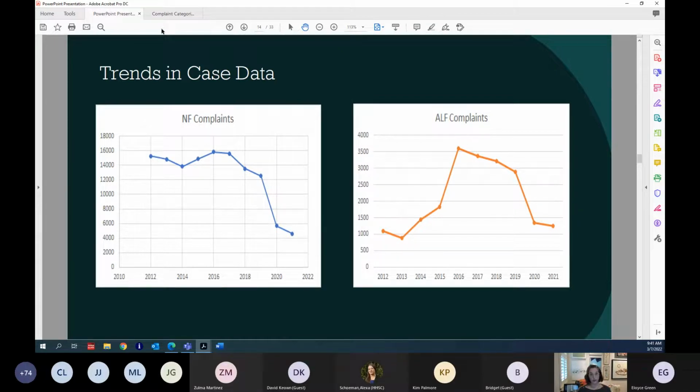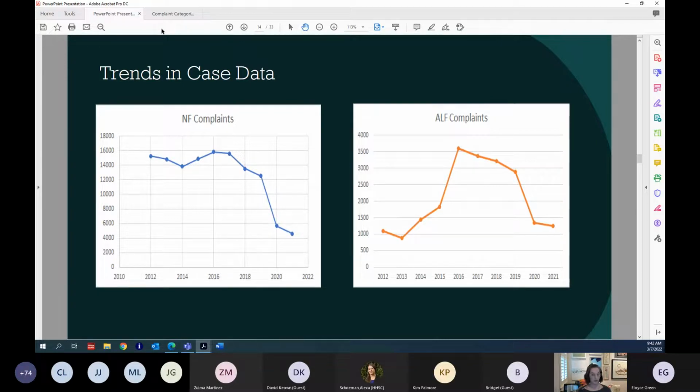One other thing I'll acknowledge is that we have had a change in our complaint reporting at the end of 2019. So the last 2 years of our work, we are all working under a new set of complaint codes. And those codes are now about half as many as we had before to choose from. And that has seemed to affect reported case numbers and our complaint codes that are recorded within those cases.